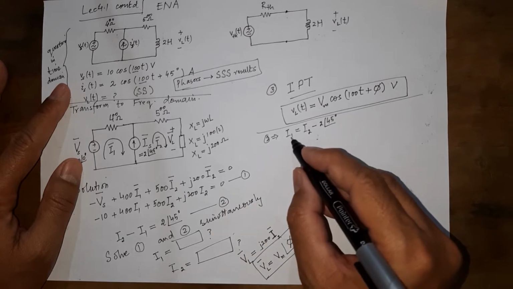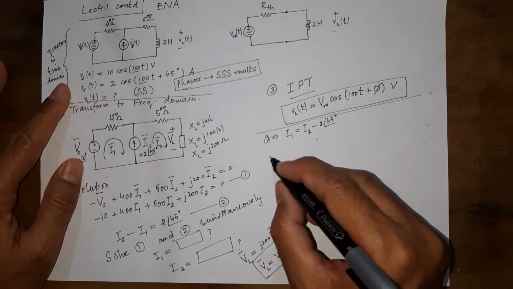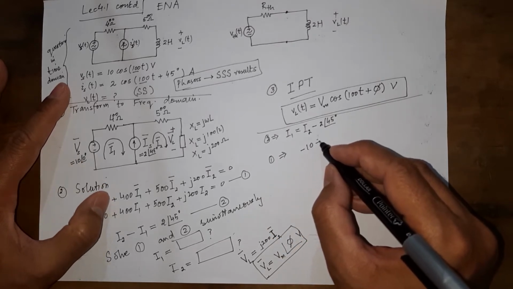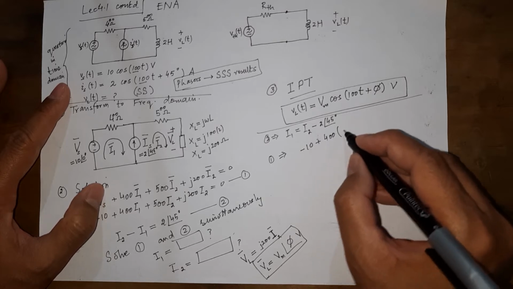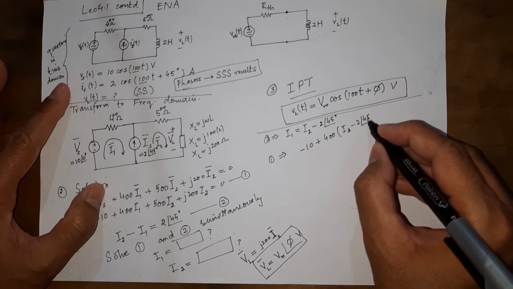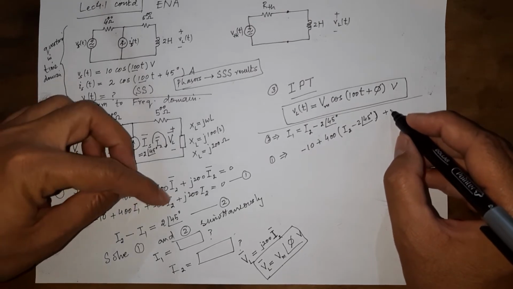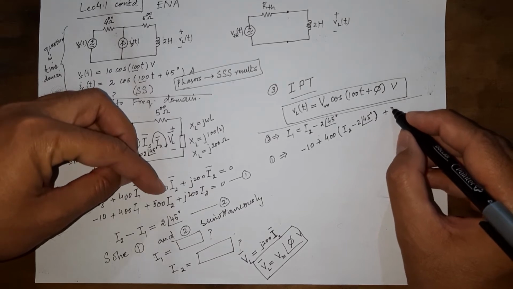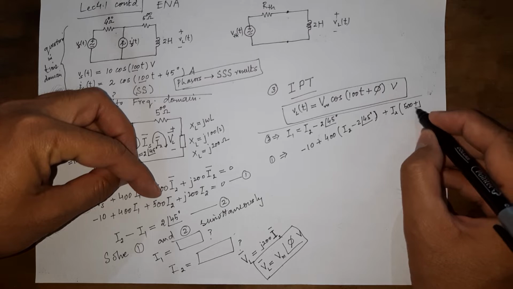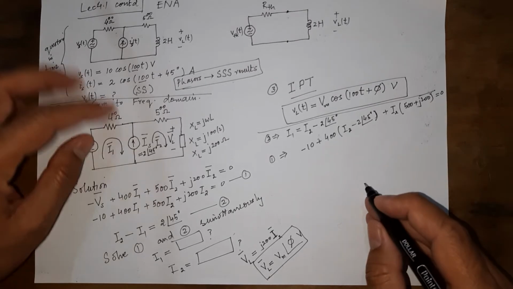And if we put the value of I1 here using this one, we are going to get from 1 we get minus 10 plus 400 I1, which is actually I2 minus 2 angle 45 degrees, plus I2 is common in both these terms, so we get I2 common, and 500 plus j200 is a complex number equal to 0 is what we get.